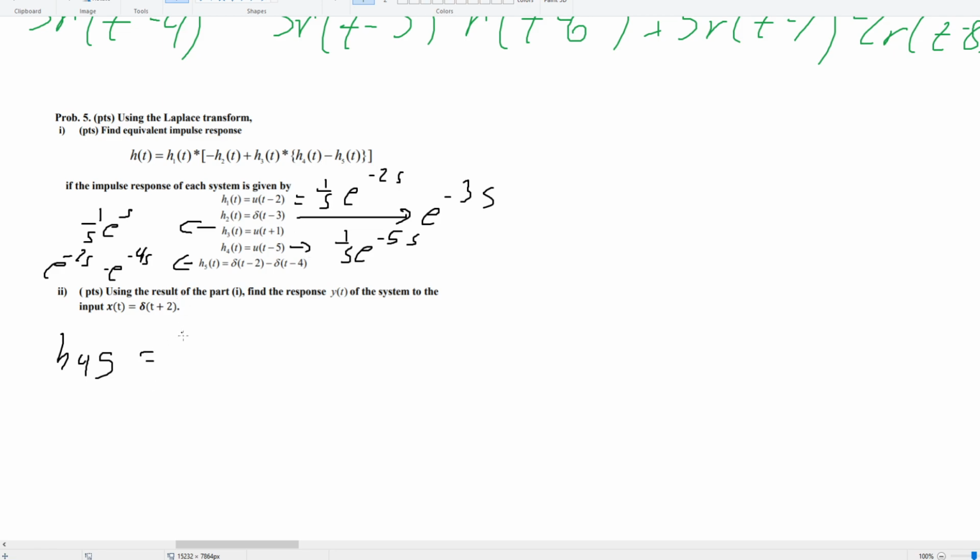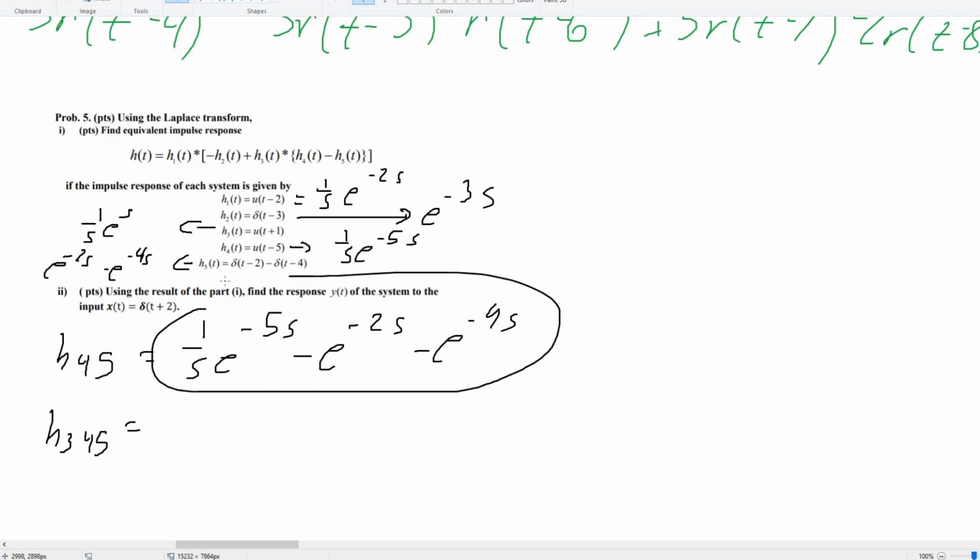So h4 is 1 over s e to the negative 5s, and then h5 is minus e to the negative 2s minus e to the negative 4s. And then the next one is going to be h345, which just means that you're going to be multiplying h3 by whatever we found over here.